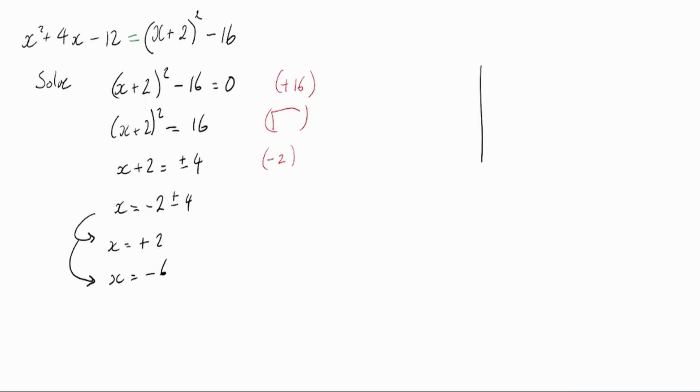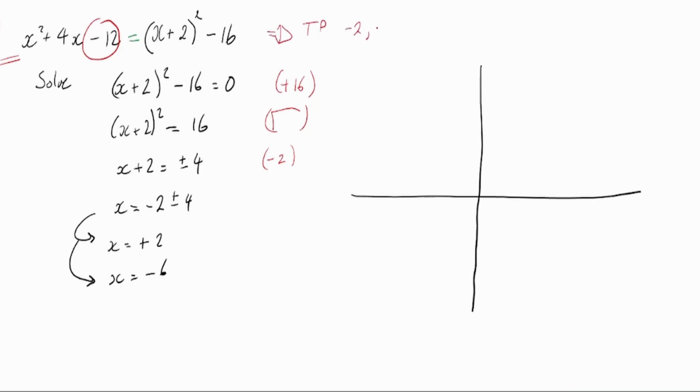Now I could therefore add to the finesse of my sketching and see what this looks like. Well, this was a positive quadratic, so it's going to be this shape. It's going to cut through minus 12, and I also know from this format that the turning point is going to be at minus 2 and minus 16. So let's get some of that detail on.